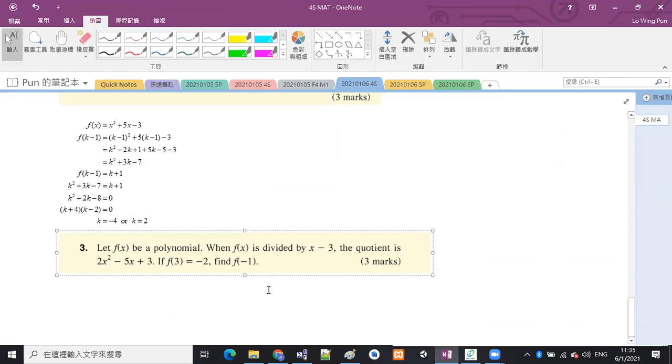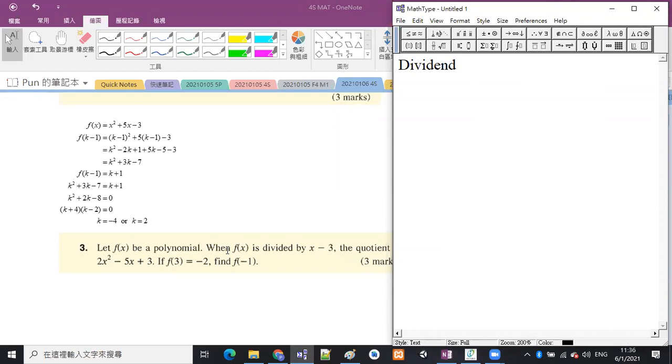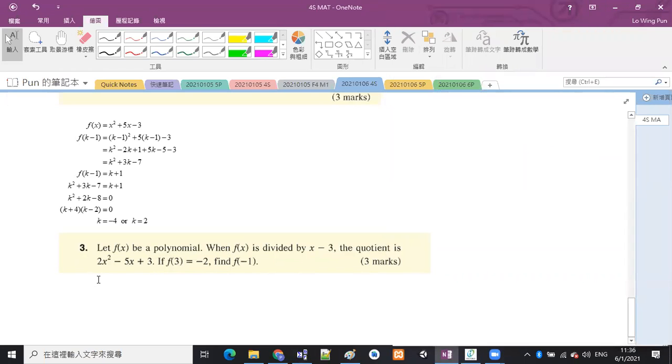When f(x) is divided by x minus 3, the quotient is this. Okay, let's see. Be careful here. What they are saying now is, when f(x) is divided by x minus 3, the quotient is 2x squared minus 5x plus 3. Remember we have a formula? Let me write it out again. Dividend is identical to divisor times quotient plus remainder. This is from the latest lesson of Chapter 6. f(x) is the dividend. Divided by x minus 3, which means that x minus 3 will be the divisor.